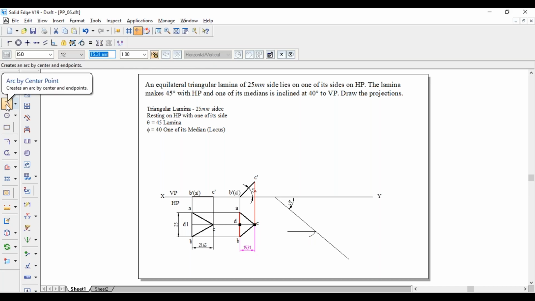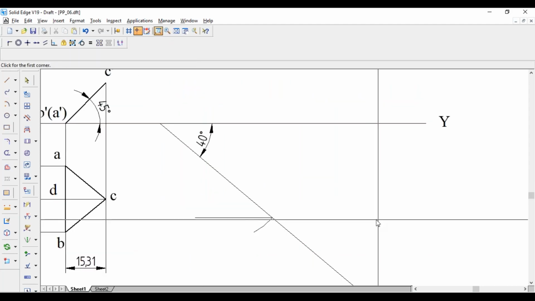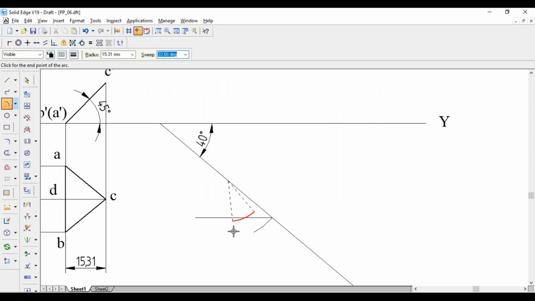From the same center, draw an arc of radius 15.31 mm. It has to cut this horizontal line.